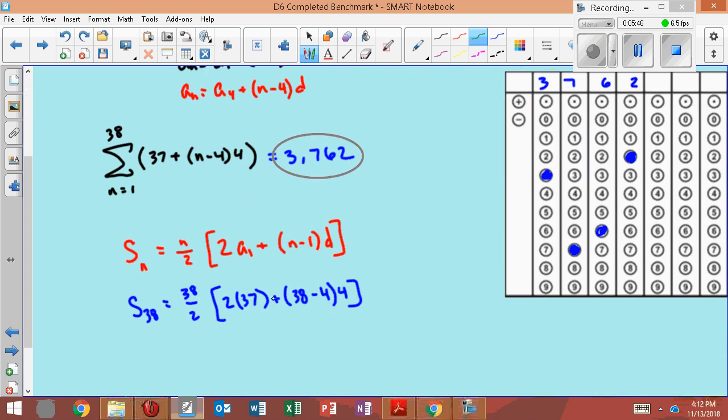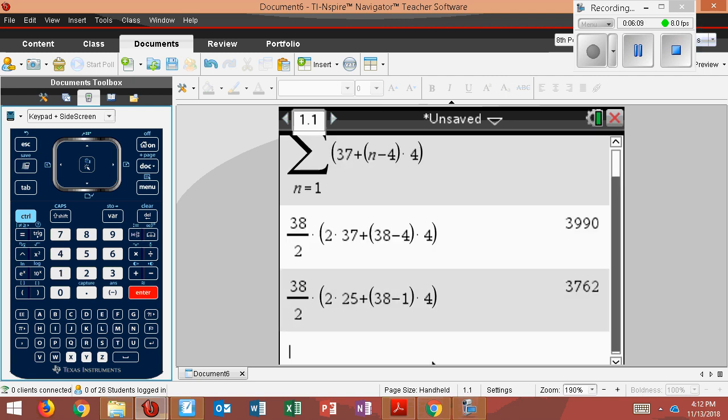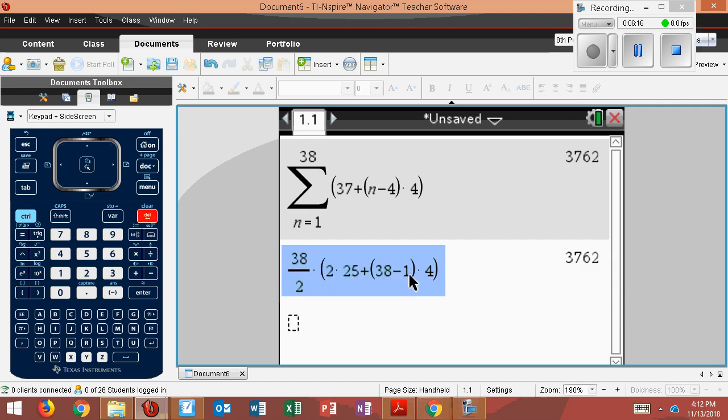So if we change this to a 25, and this to a 1, let's see if it now works. 25, 38 minus 1. There it is, it's working. So that formula does not work the same way with a sub 4, so that was out. But you can see using those formulas does work. I just prefer sigma. It's a lot quicker and works a lot more accurately.